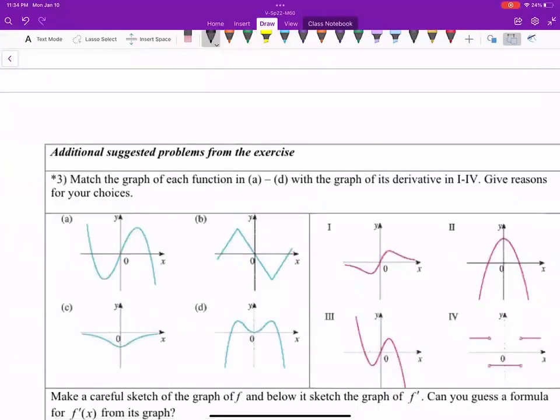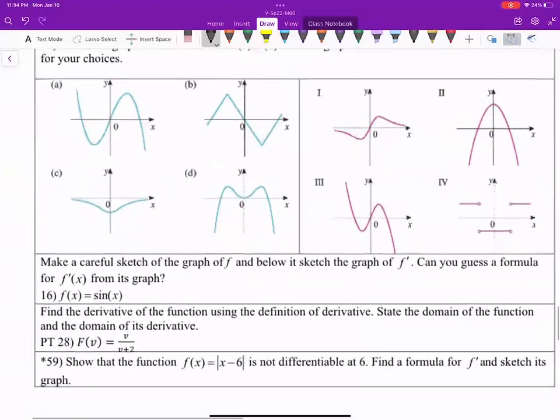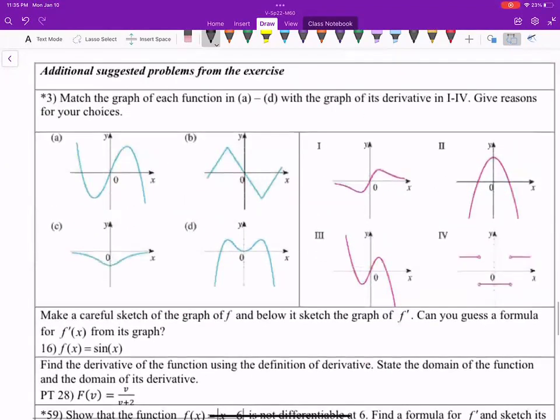Now, problems from the exercise. Some of them, like practice test 28, will be shown in a separate video, and you can check it out. So now you are given a set of graphs in blue.